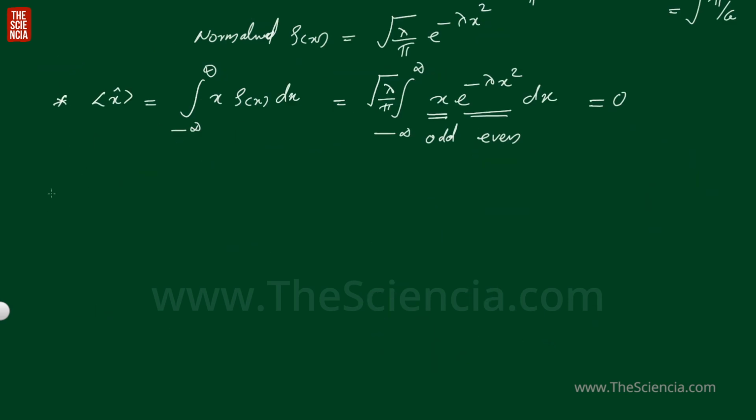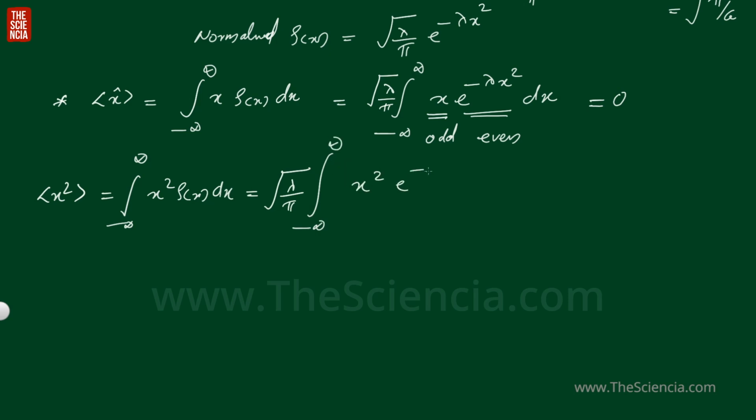Now we can find the expectation value of x squared, that is equal to the integral from minus infinity to infinity of x squared rho of x dx, that is root lambda by pi times the integral from minus infinity to infinity of x squared e raised to minus lambda x squared dx.